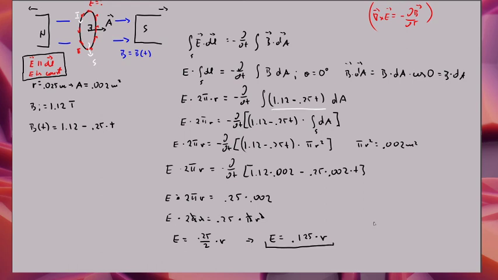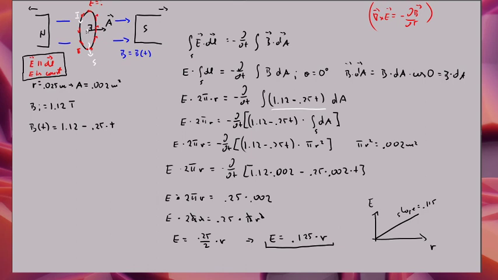If you were to graph electric field versus R, you end up with a straight line where the slope is 0.125. So the electric field at the center, where R is 0, is 0.